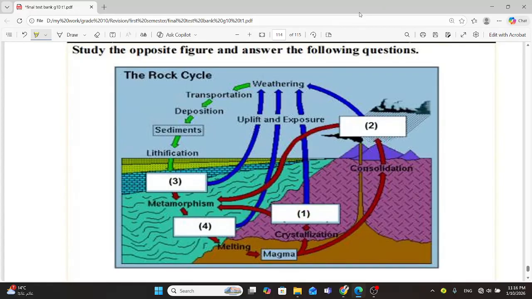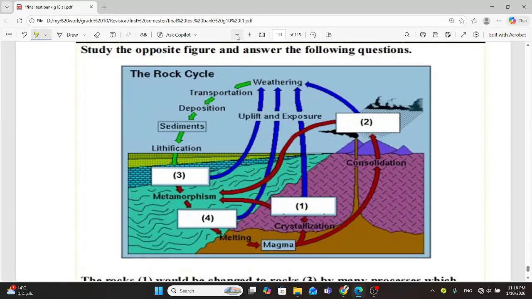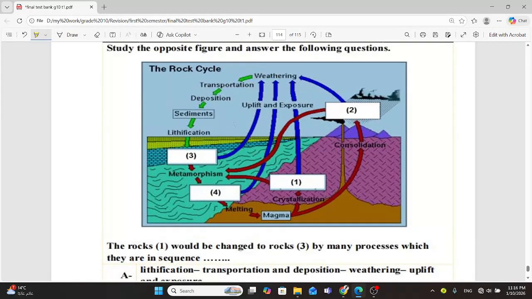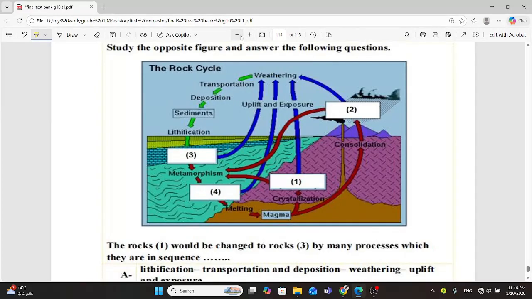طيب بعد كده 58. Study the opposite figure and answer the following question. Rock cycle.